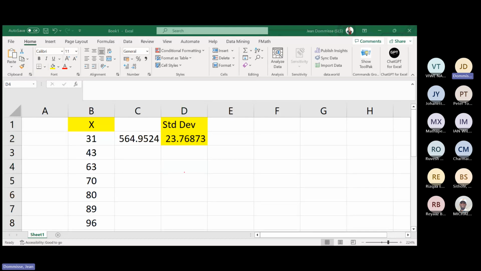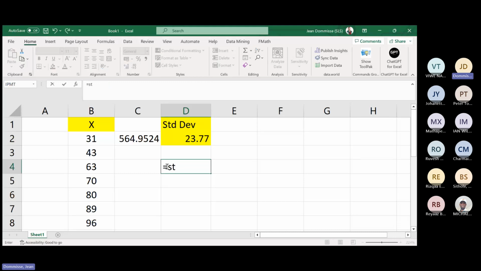Another way to get to the standard deviation is basically to say, and I see it was rounded off to 2 decimals, that there's a standard deviation formula as well. Important thing is that we're working with a sample, and where you can see it will be exactly the same.